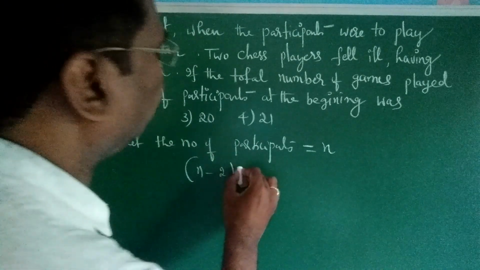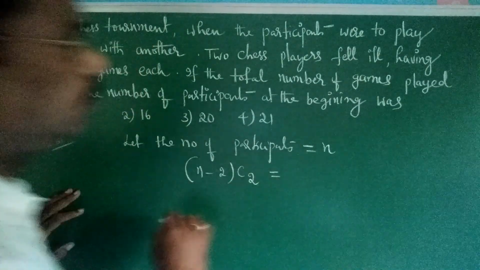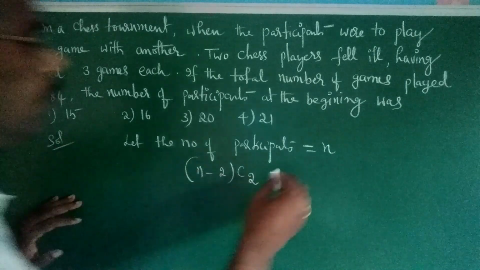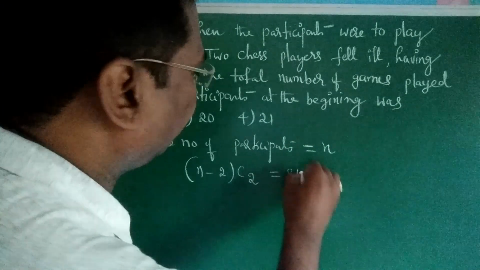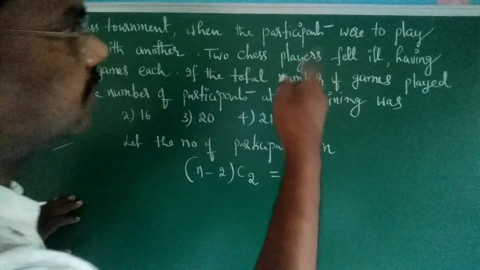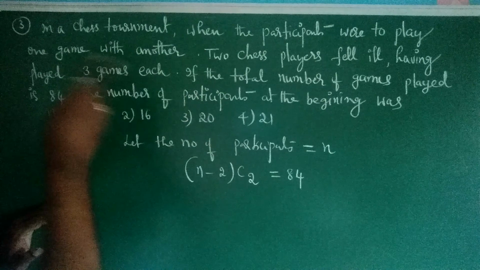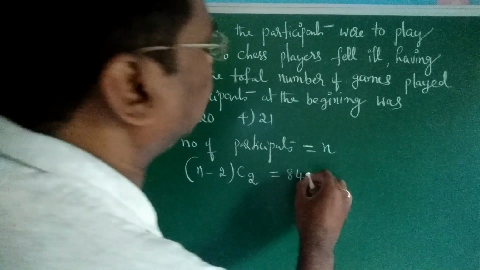Now, selecting 2 players, n minus 2 C2 is equal to, now total chess games played 84, 84 minus, now 2 chess players fell ill, played 3 games, now 3 into 2 is equal to total 6 games.